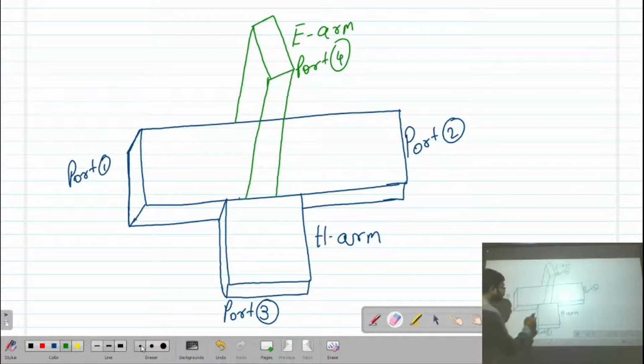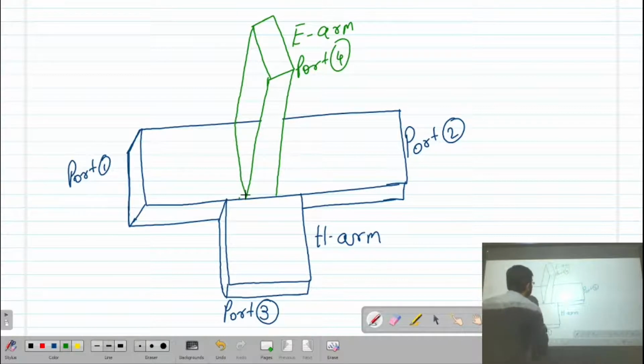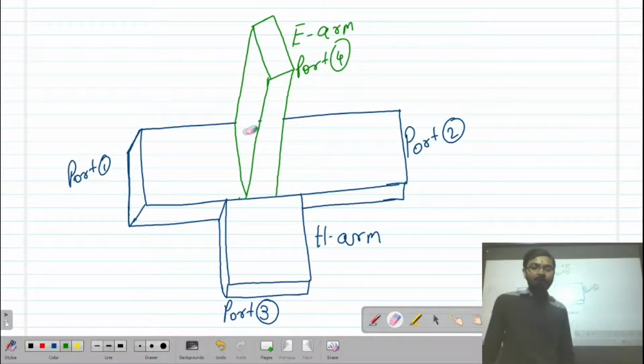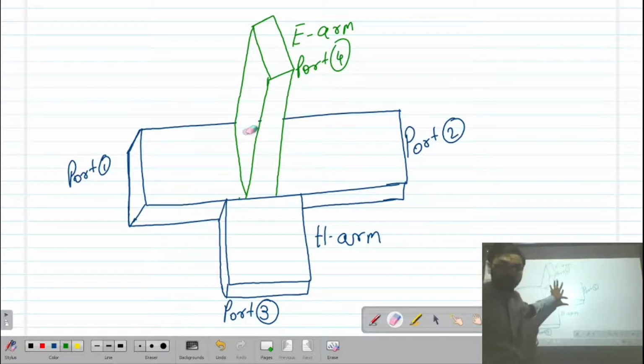In between, this will not be there, and this will also not be visible. So this is the E arm connected to the H arm. We have already seen this, and this is nothing but a combination of both of them.